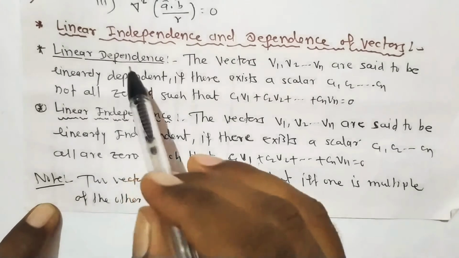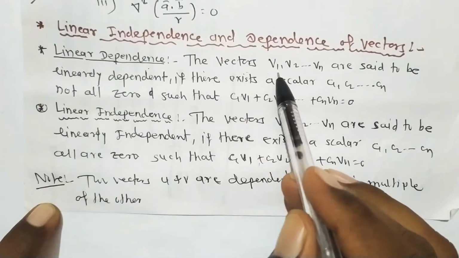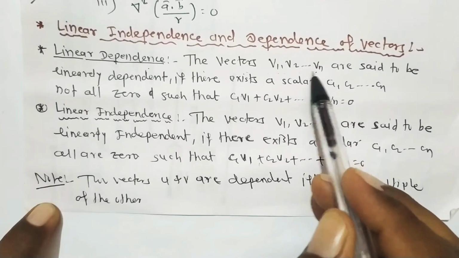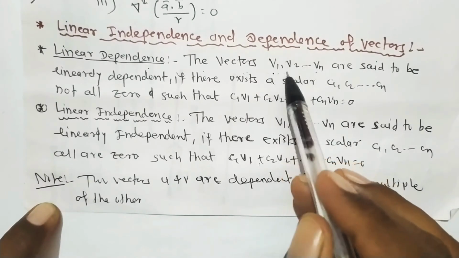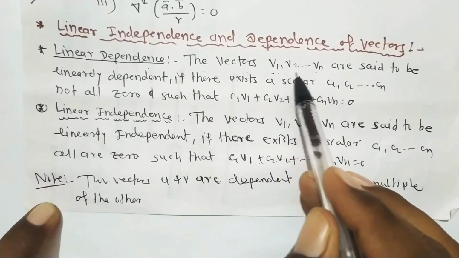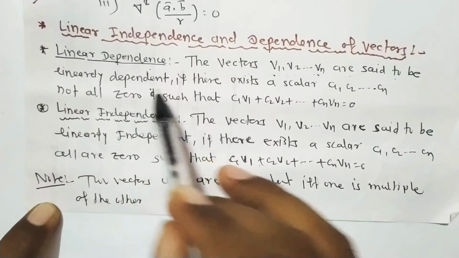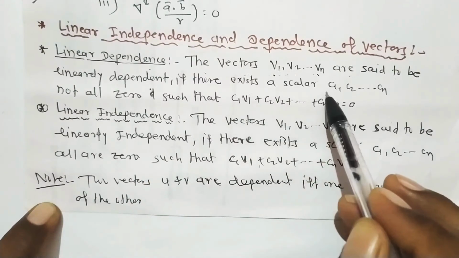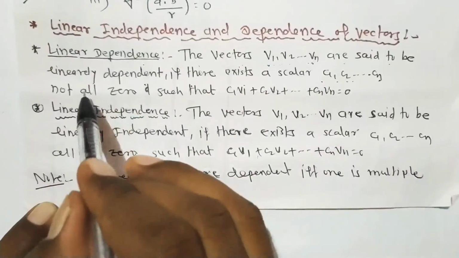So first is linear dependence. Linear dependence means the vectors v1, v2, up to vn, which are elements of the vector space V, are said to be linearly dependent if there exist scalars c1, c2, up to cn, not all zeros.